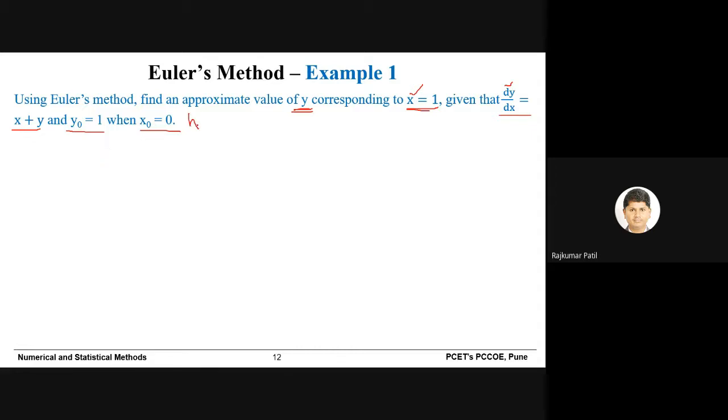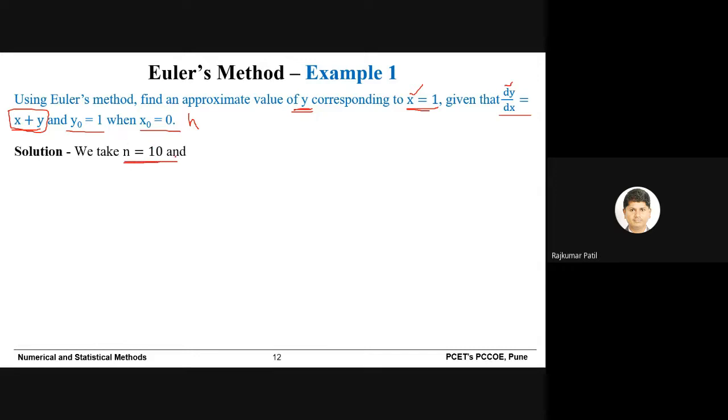So the general thumb rule that we discussed in the previous slide is that you need to take the value of h as small as possible. But from an examination point of view, when the equation is a simple type, that is x plus y, you can easily put the values and calculate the answer. So in that case, it is recommended to take the value of n, number of steps, equal to 10.